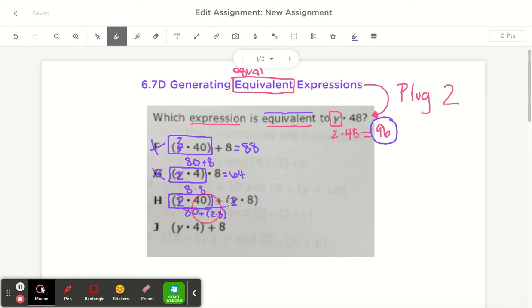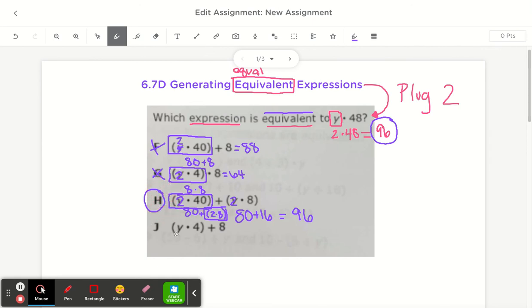I have another parentheses that I have to take care of. So that is 2 times 8, which is 16. I'm going to rewrite it over here. 80 plus 16, and that equals 96. So that is the same as that. So that is an equivalent expression. That is what we're looking for.